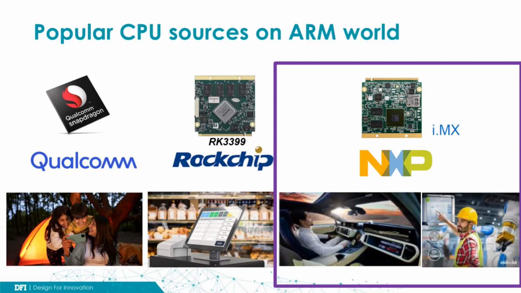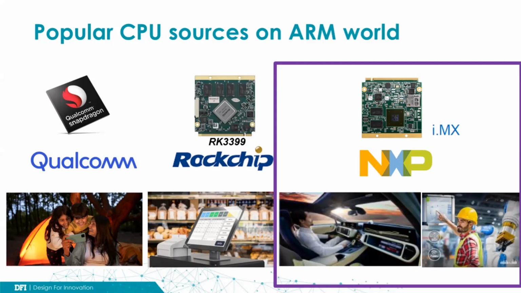And the second one is the Rockchip. Rockchip is a China fabless company, and it has the very popular RK3399 CPU. Rockchip CPUs are quite popular on TV boxes and low-cost applications.